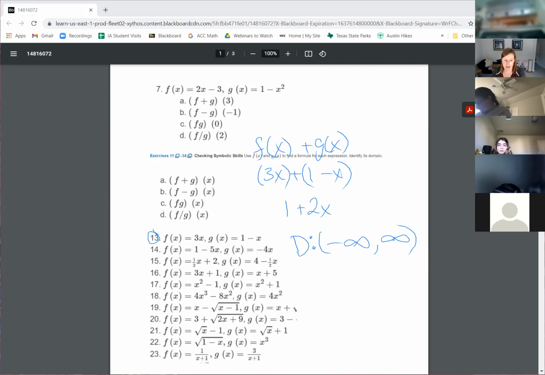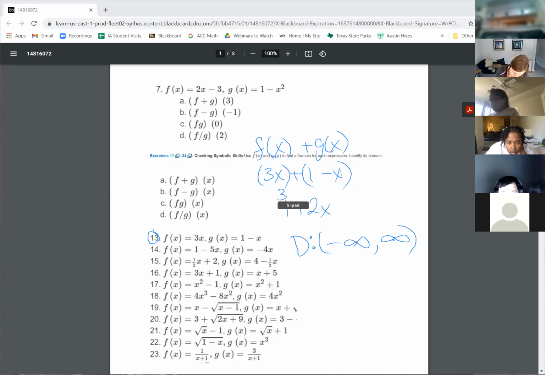All right, any questions on that one? Yes, I have a question. I thought I was supposed to distribute that positive. You can distribute the plus, but it's not going to change anything, right? +1 is still going to be +1, and a plus times negative x is still going to be minus x. So we could drop the parentheses and distribute the plus right here, and it would be the same like that.